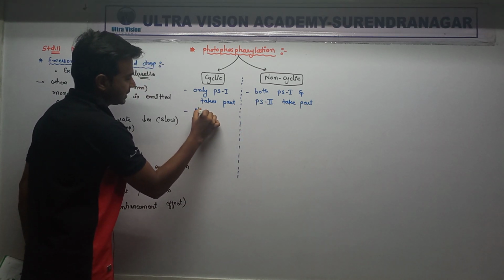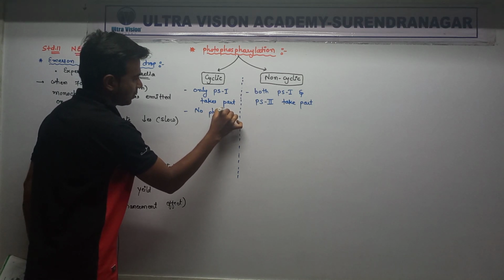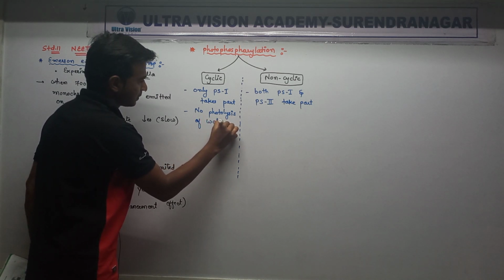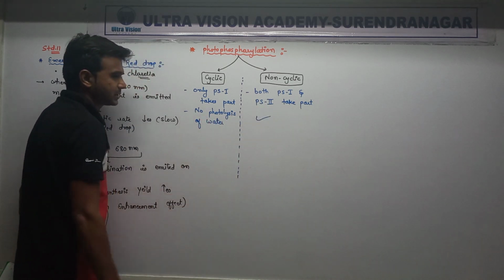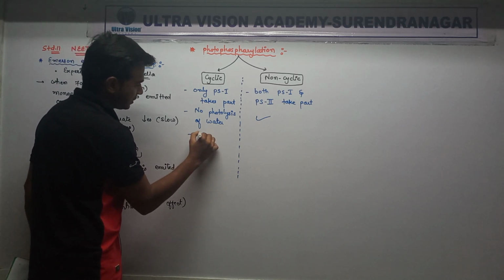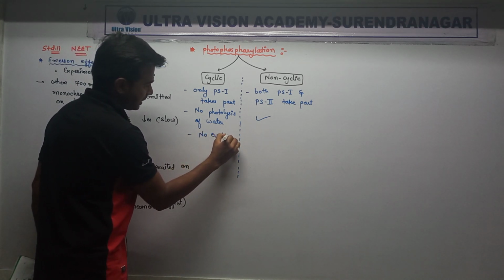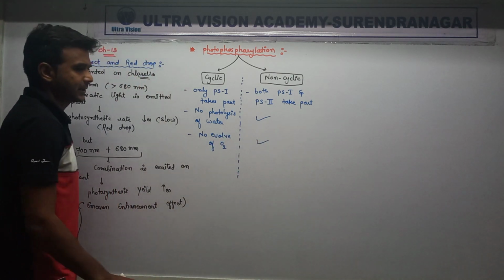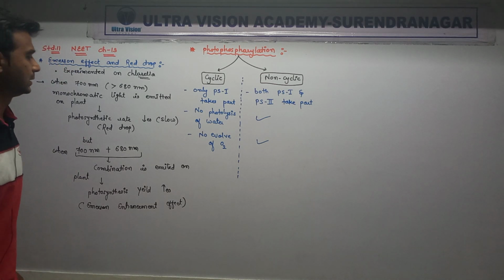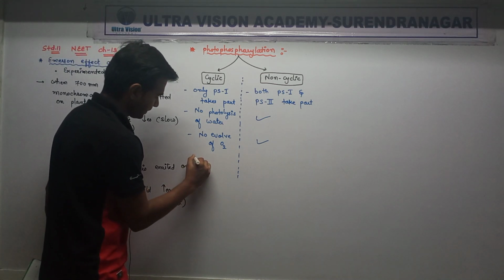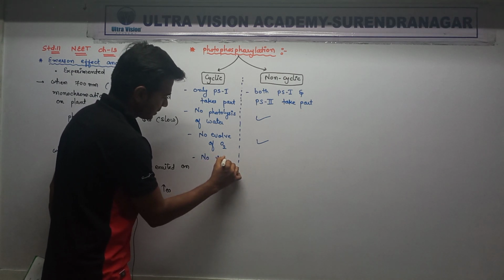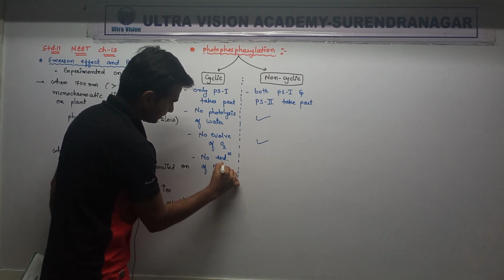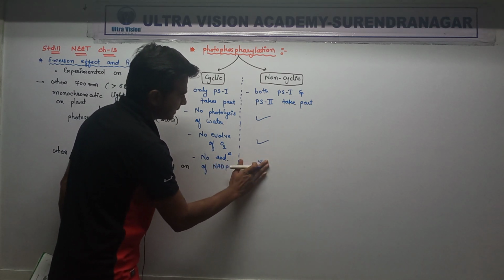So we say that there is no photolysis of water, no evolution of O2, and no reduction of NADP. Whereas in non-cyclic, photolysis of water occurs, O2 is evolved, and NADP is reduced.